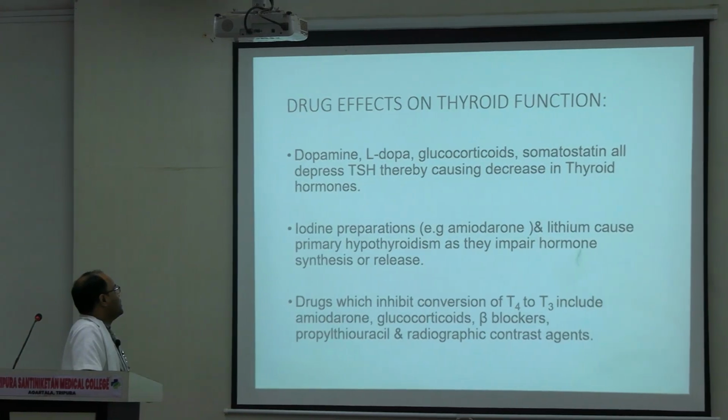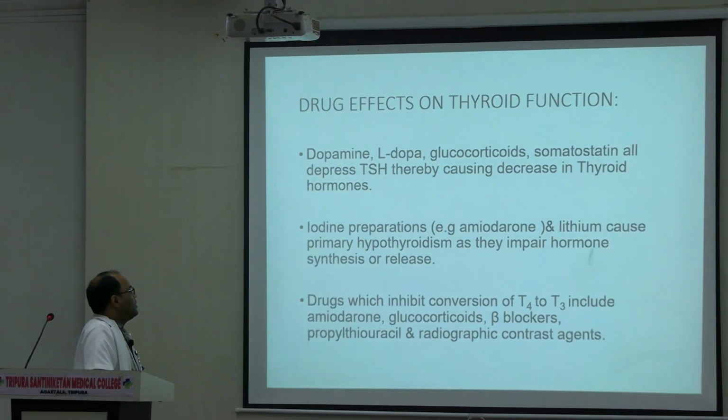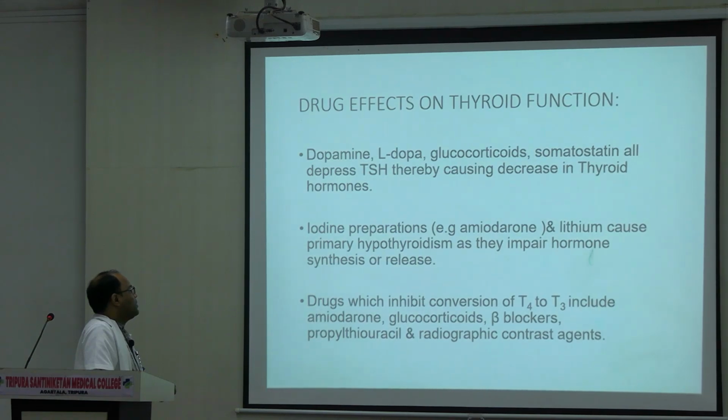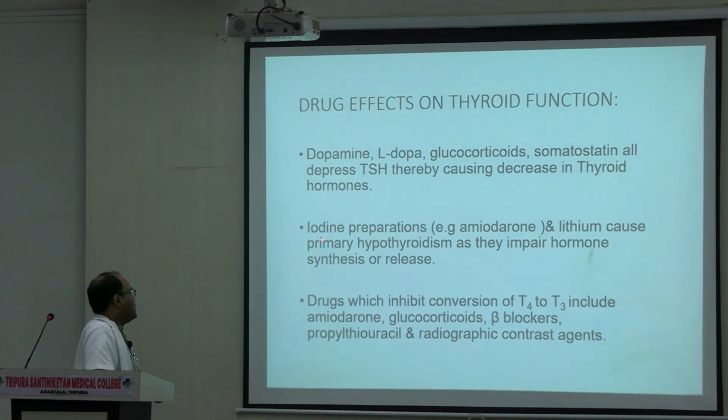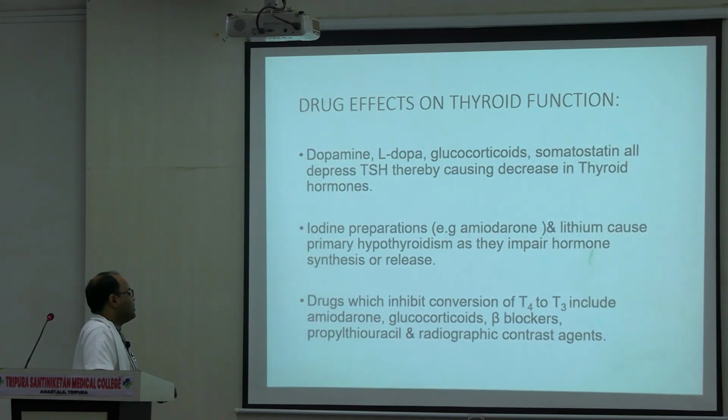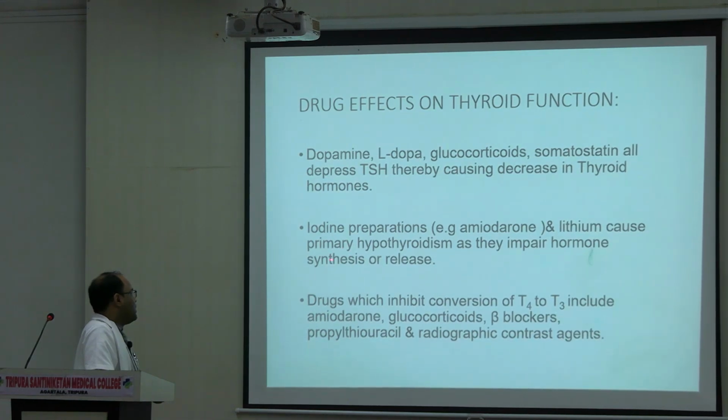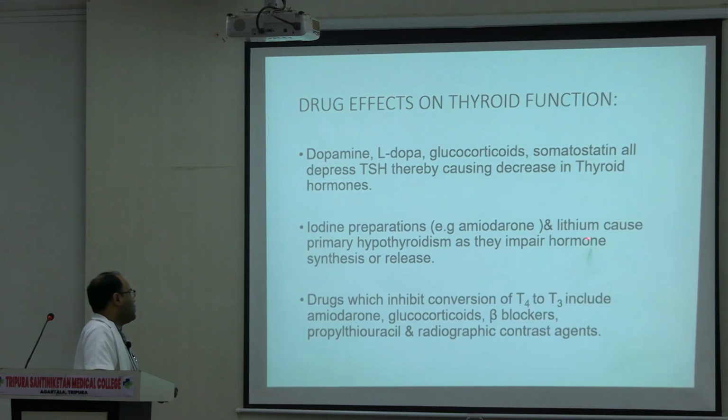Drugs affecting thyroid function, like dopamine and glucocorticoid, cause depressed TSH, thereby decreasing thyroid hormone. Iodine preparations like amiodarone, and lithium, cause primary hypothyroidism as they impair hormone synthesis or release.